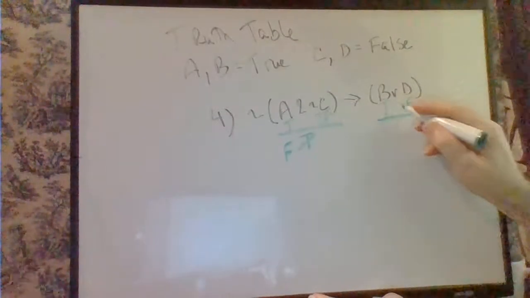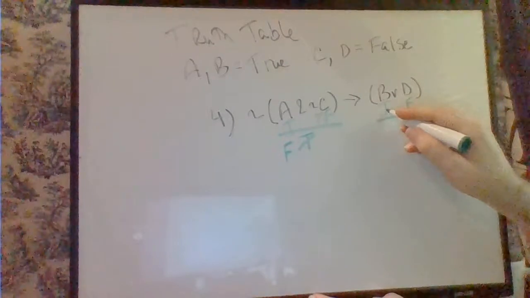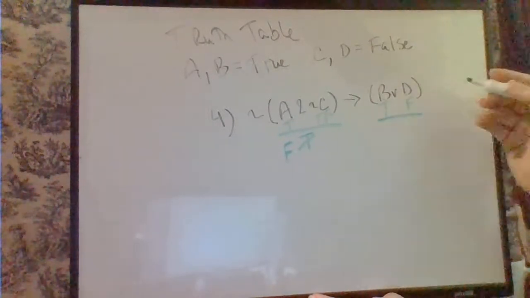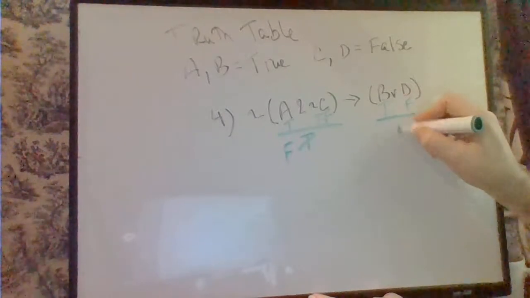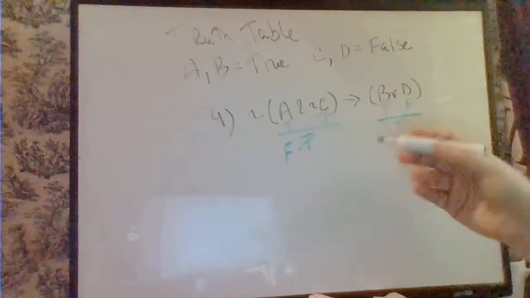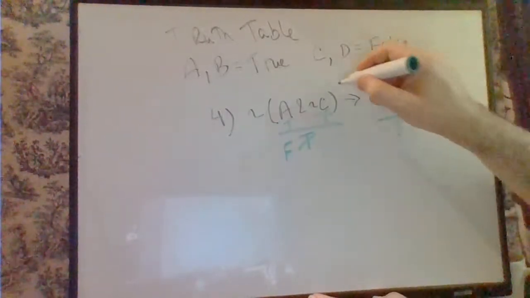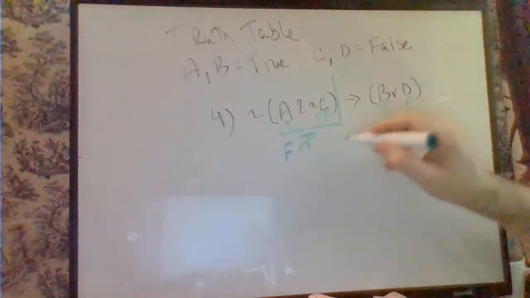Second set of parentheses, B or D. B is true, D is false. True, false with the wedge, look on your chart there for disjunction, and true, false gives you true. So now we've got the arrow or the horseshoe, which is the conditional. So we know the antecedent works out as being false.